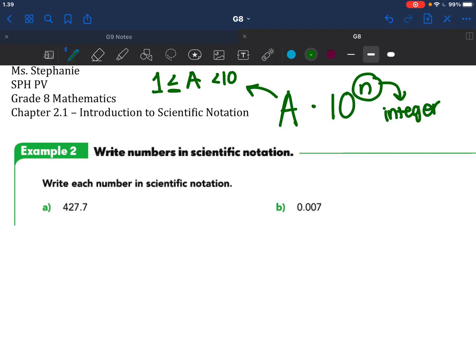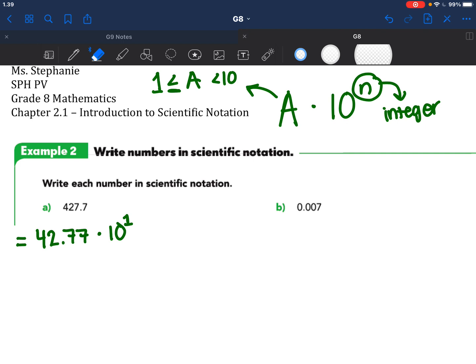So 427.7, this is what we're going to do. This is equal to 427.7, which is 42.77 times 10 to the power of, we went to the left, so it's going to go up. So why did I do that?